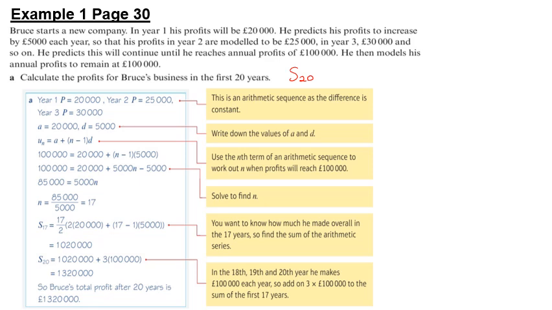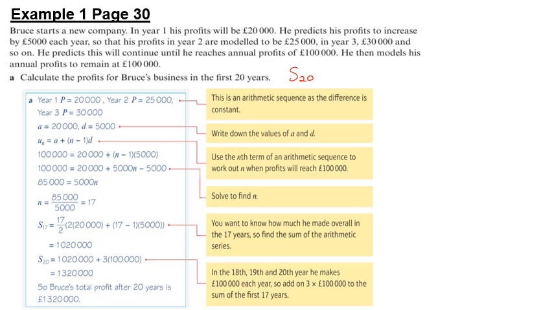So we figured out there that he will hit this £100,000 profit after 17 years. After that then, his profit's going to be £100,000 every year. So going back to what I was saying earlier about finding S20, that's not going to work for this question.